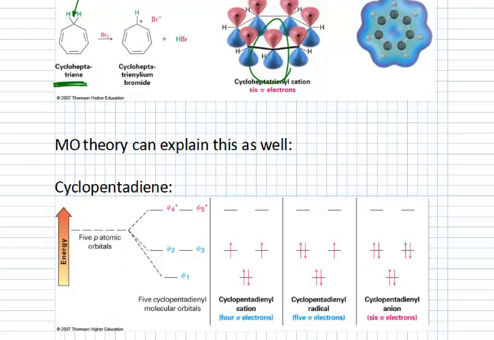The 5-membered ring before, okay, here's our 5 molecular orbitals. The cation, okay, where I just had the 2 double bonds. Here, let's draw them. 2 double bonds and a plus. Right? That only has the 4 electrons. There we have 2 radicals. So that's anti-aromatic.